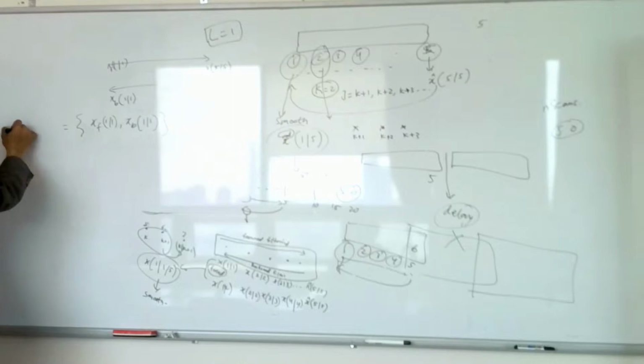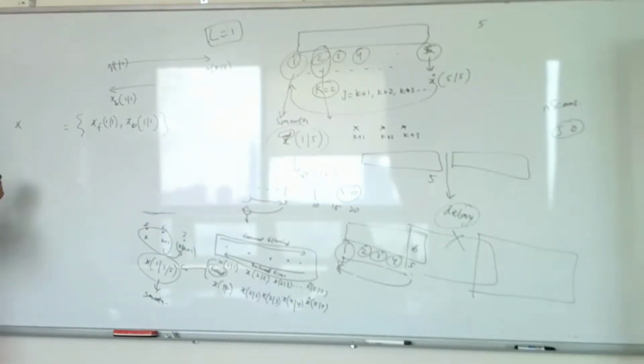Suppose this is some other state, capital X. Capital X is a fusion, so it combines like this one.